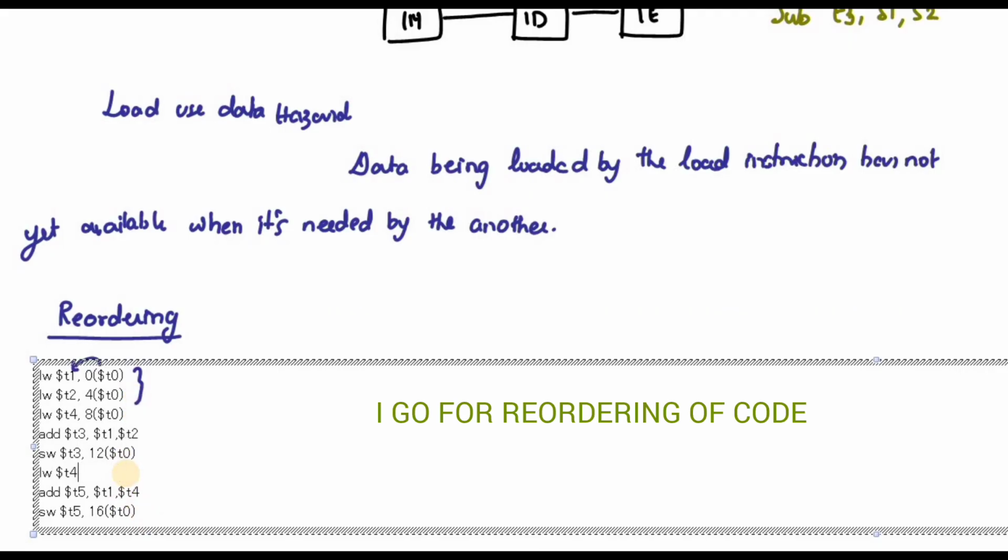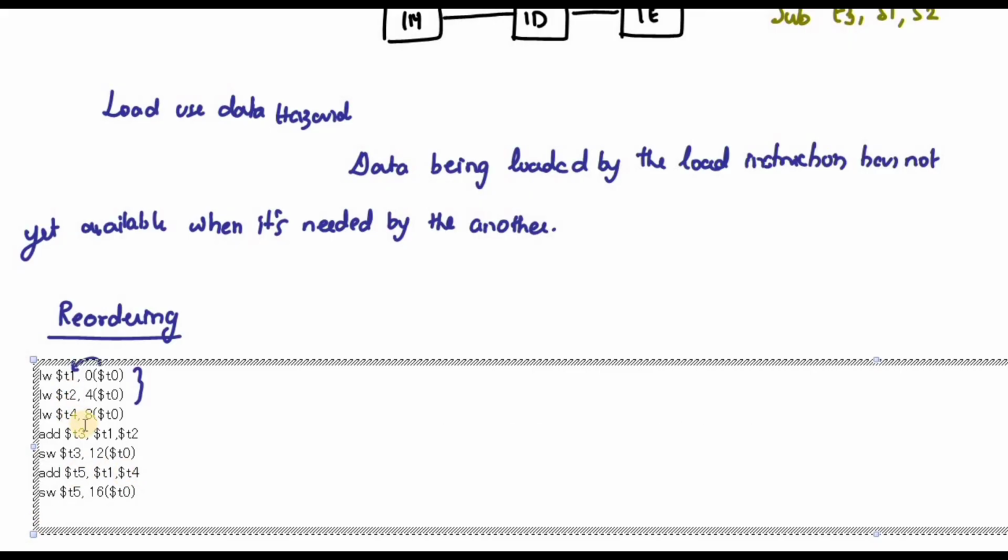By this way, now if the add instruction tries to read the data from T2, the data from T0 is already written into T1 and T2. So it will have enough time. Therefore the hazard gets completely eliminated by rearranging the load instruction.